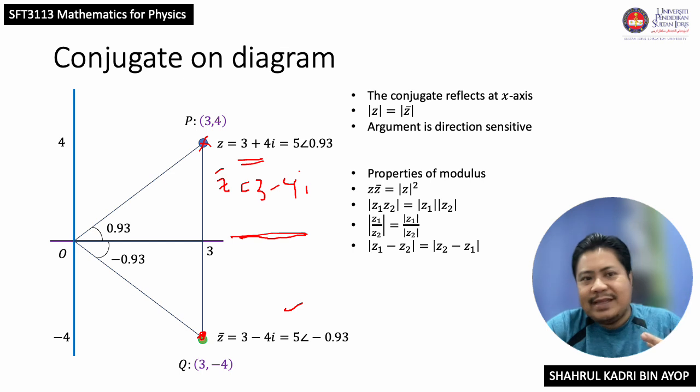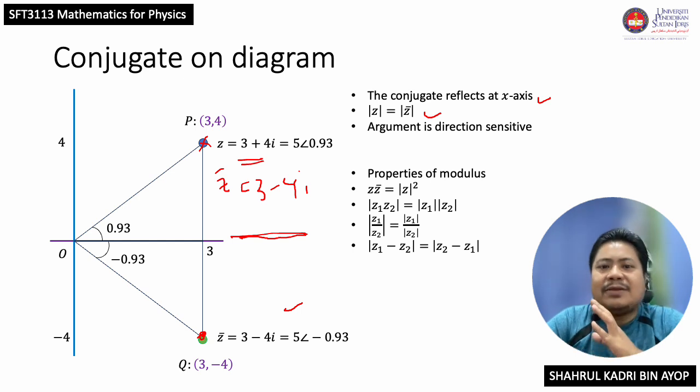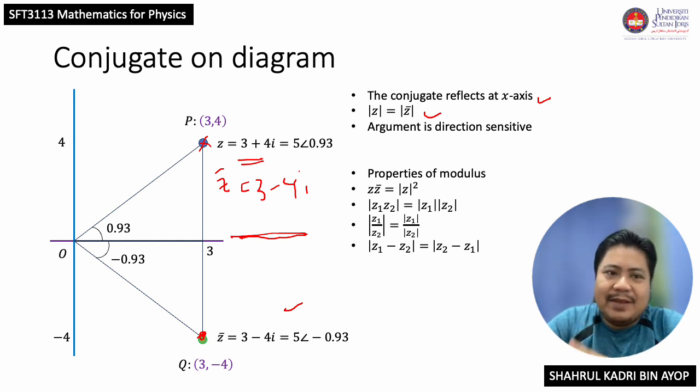The modulus of the complex number and the modulus of its conjugate are the same because the hypotenuse is the same.